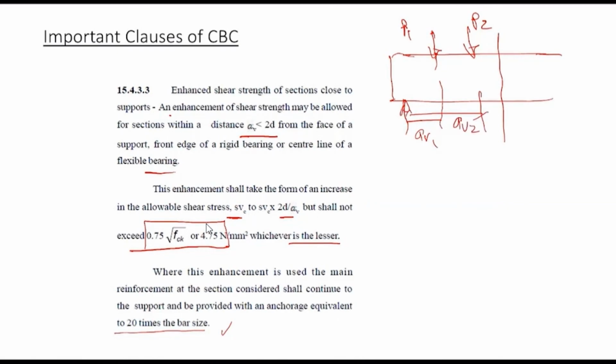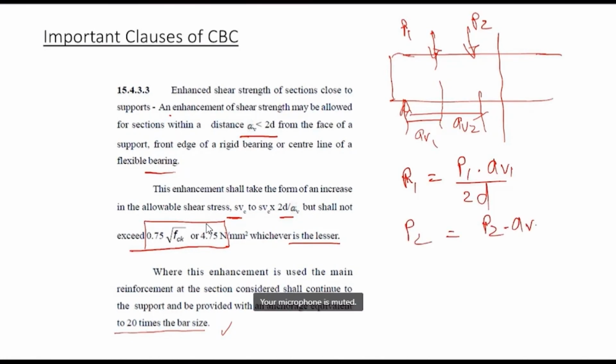So we will reduce the force P1 equal to P1 into av1 over 2d and P2 equal to P2 into av2 over 2d, and we will design the whole section with this reduced load. But in case of this provision, it is applicable only in case of one load because you are increasing the strength here. So in case of two loads, what to do, that we will have to see.